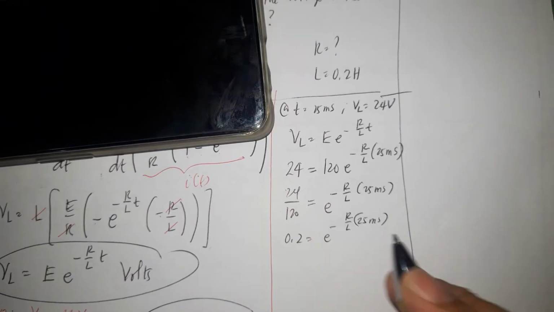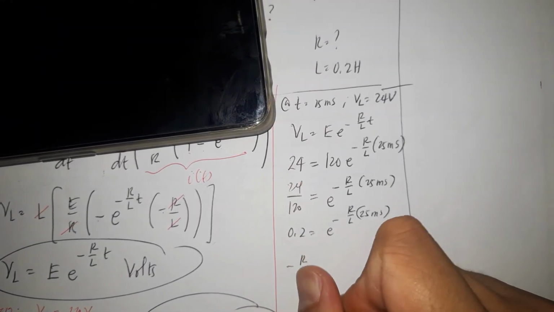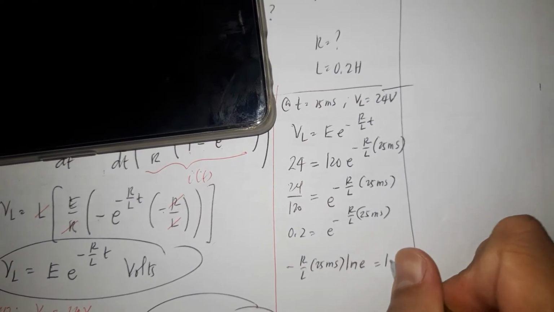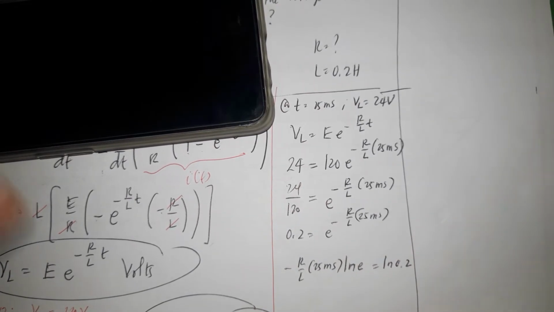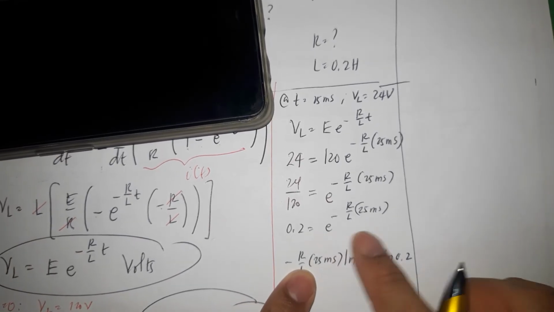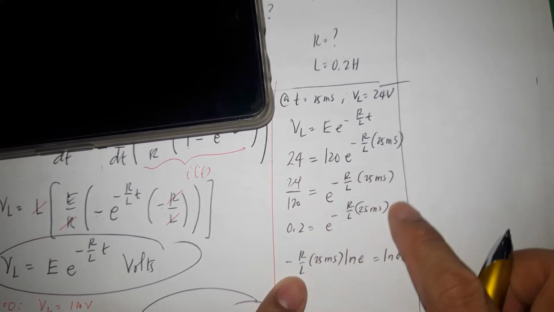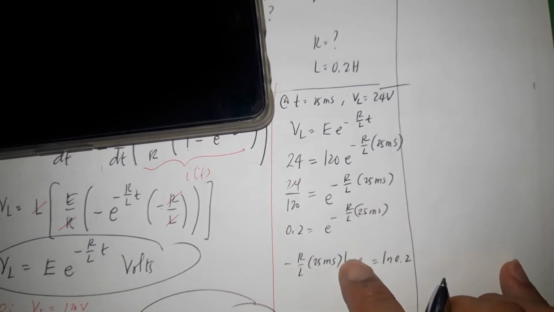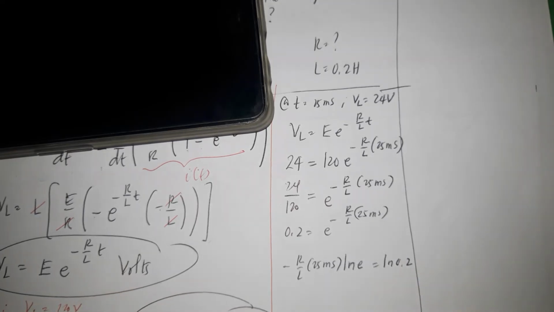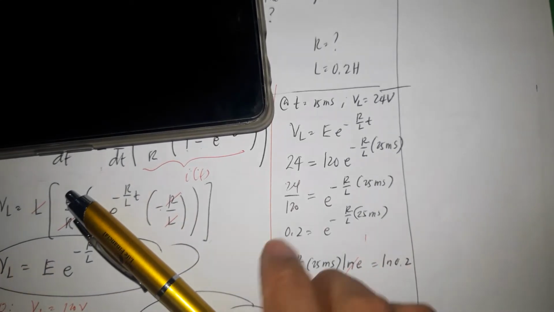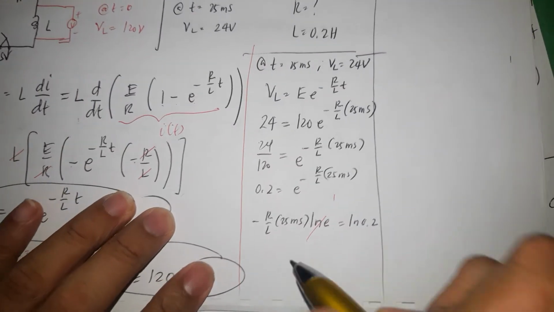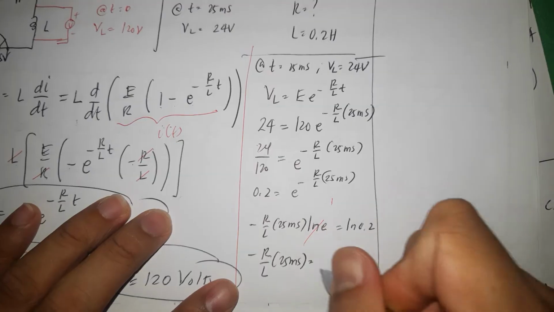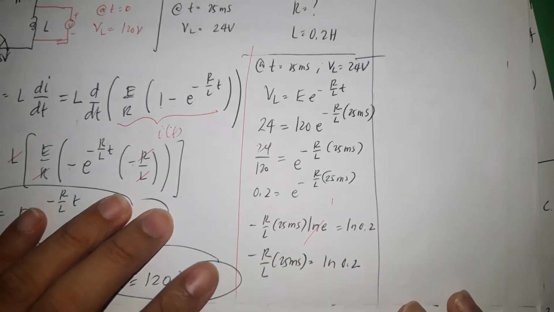Solving for R over L, by applying natural logarithm on both sides, negative R over L times 25 millisecond goes here. ln e is equal to ln of 0.2. But ln e is 1. So this gives you negative R over L multiplied by 25 millisecond is equal to ln of 0.2.